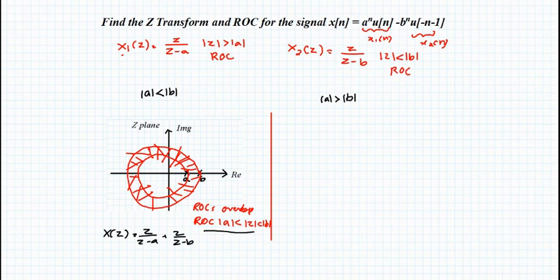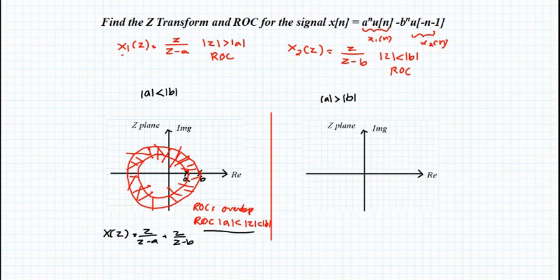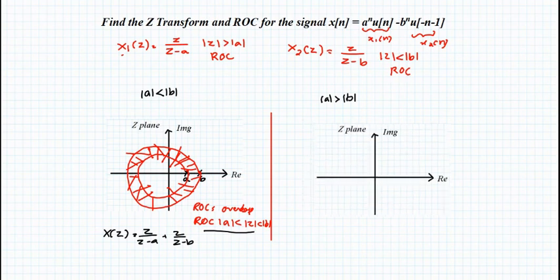And now we can see another option, that is modulus of a is greater than b, meaning you need to mark b and a, because a is greater than b. So again I need to construct two circles, one with radius b and another one with radius a.